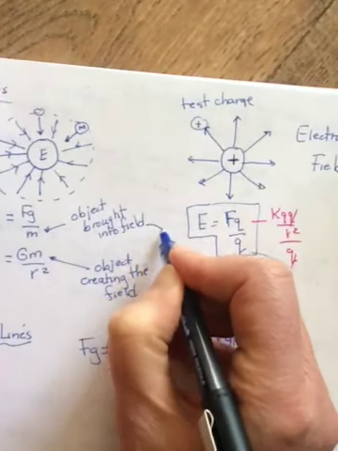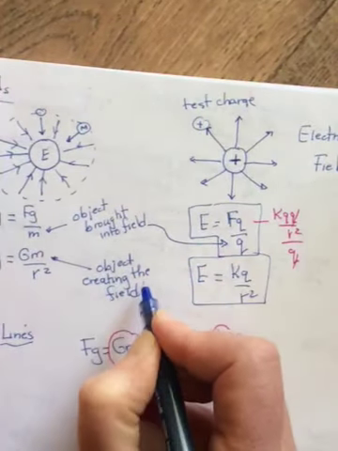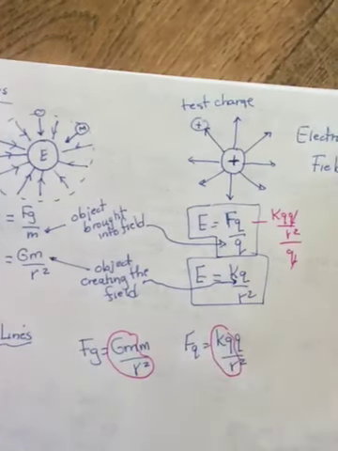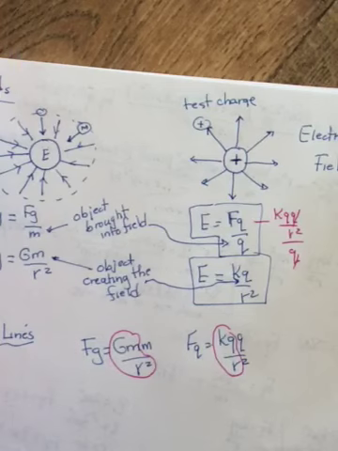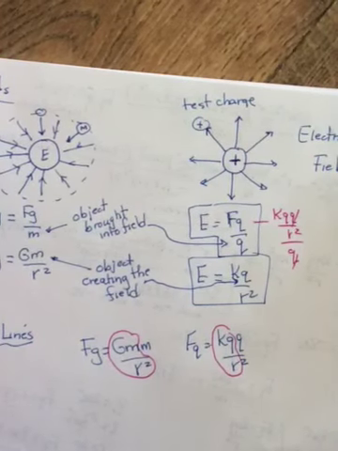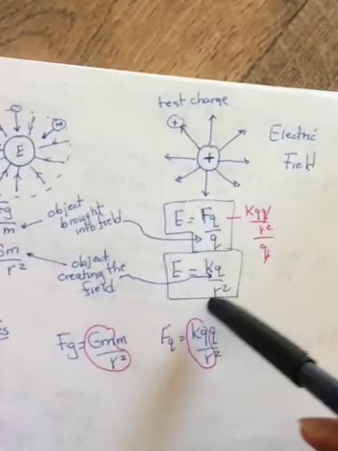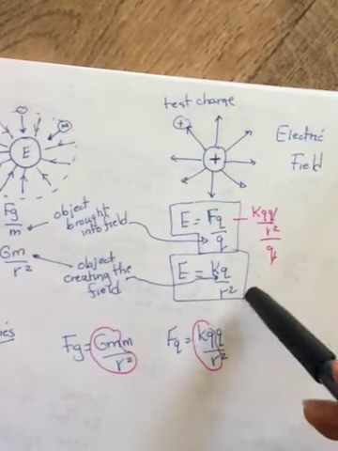The Q on the bottom is the charge brought into the field. The Q on the top is the charge creating the field. Identical to gravity.